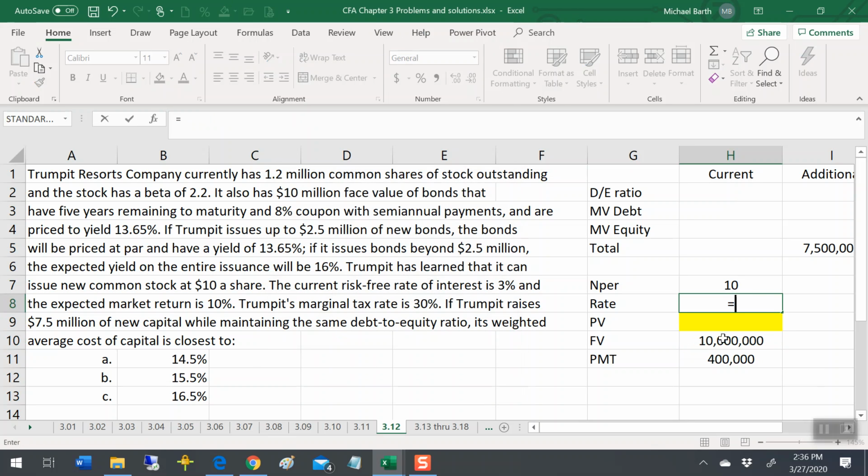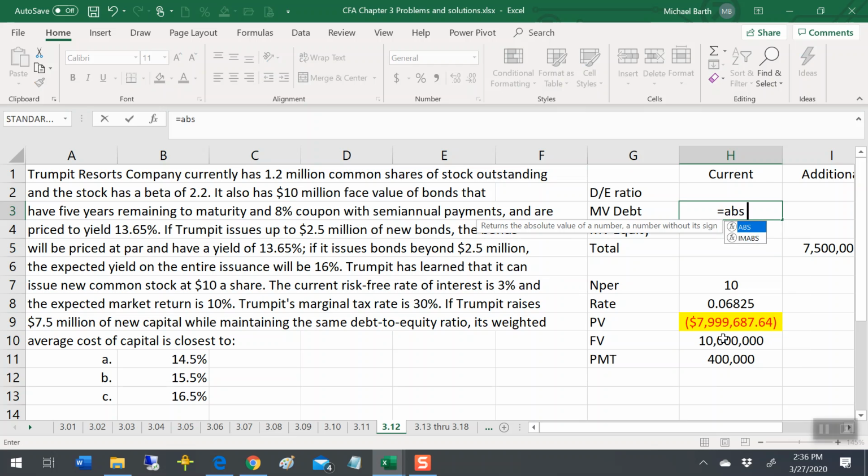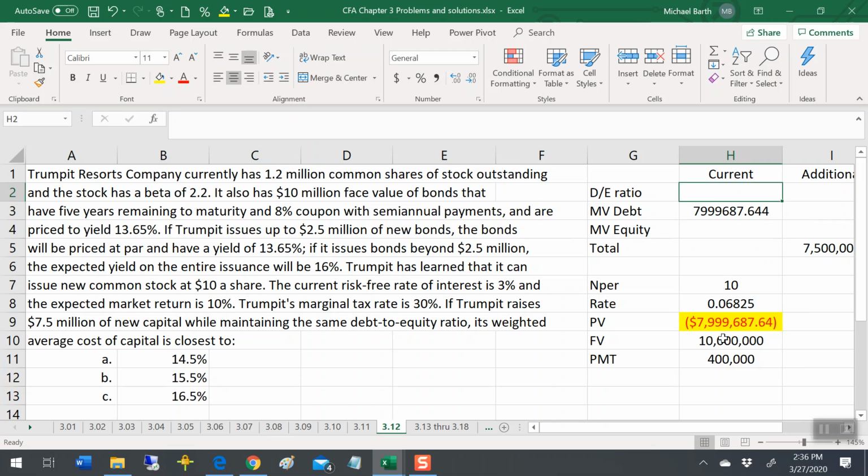And the yield to maturity is 13.65% per year. Well, half of that is the semi-annual rate. So I can get the market value, number of periods, payment, and so the market value of their debt is currently right at $8 million. Okay, so that's the market value of the debt.